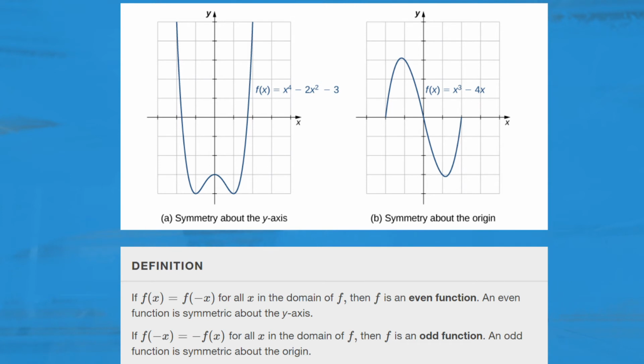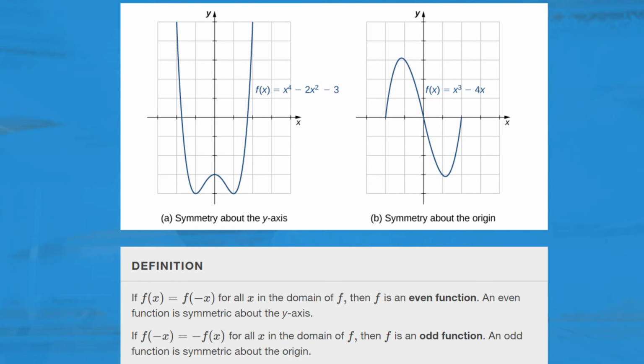We have x to the fourth minus 2x squared minus 3 as one function, and then x cubed minus 4x as our second function. As you can see, there's some symmetry going on here. The first example is symmetric about the y-axis, and the second example is symmetric about the origin.